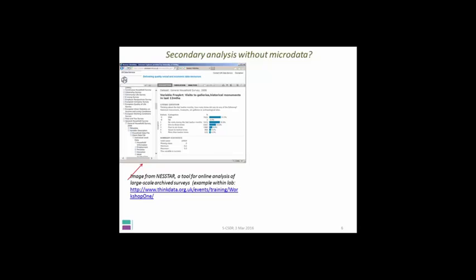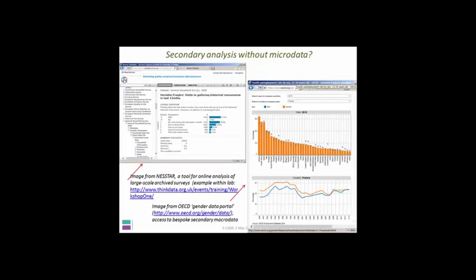Again, there's some information on this within our training workshop. But Nesstar is a system where you can identify the data set you're interested in and pick up a lot of information about records within it, including performing some limited online analysis of that data, producing tables and simple graphs based upon the analysis. There's lots of other things as well, and again we've got some links to these in our workshop materials.